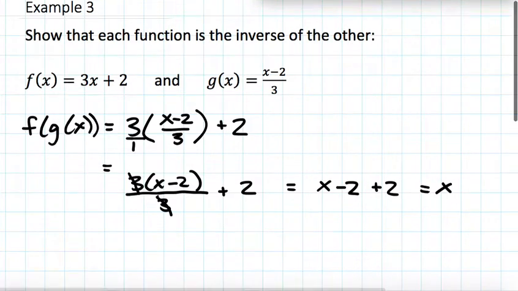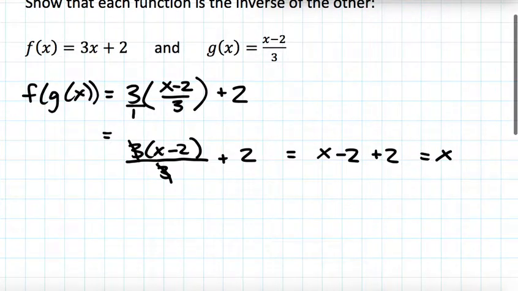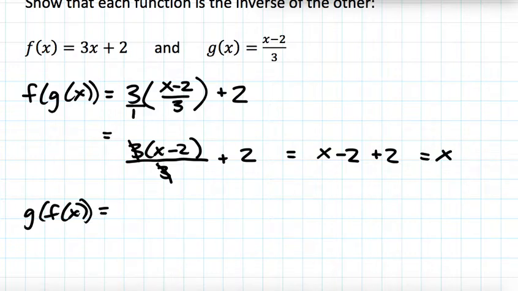Now I'm going to repeat, but do it the other way around, so g of f of x. So now I'm going to plug f into g, so g is x minus 2 over 3. Replace that x with 3x plus 2. So replace x with f, and then that's over 3.